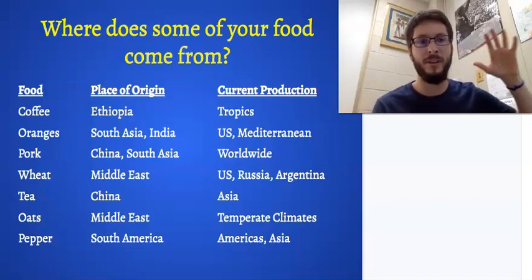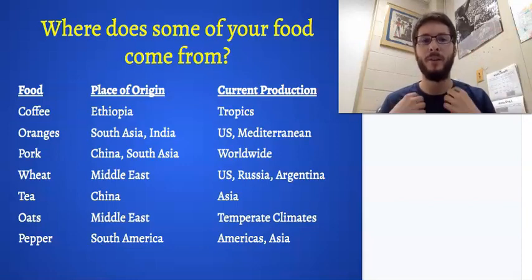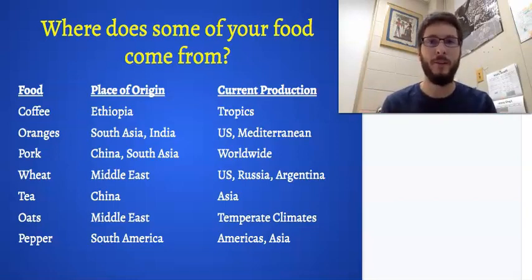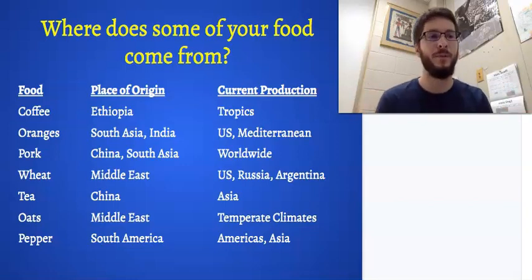Where does your TV come from? The clothing that you're wearing, where is that coming from? Your shoes, where are they made? Where is your phone built? And so it's really important that we understand the interactions between different parts of the world to have a better understanding of where everything comes from, right?